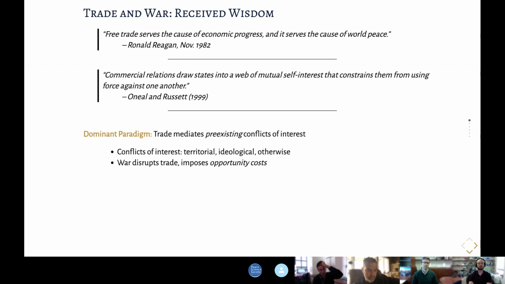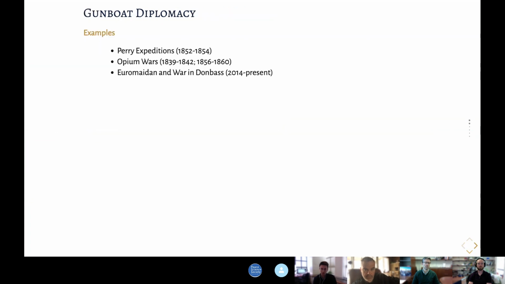And while I put O'Neill and Russett up here as a canonical example of this, and while a lot of scholars have taken issue with the way that they link premise to conclusion, the logic of the argument, I think they generally adopt this paradigm of thinking of trade as mediating in these pre-existing conflicts of interest. And what we see in the Perry expeditions is that countries are more than willing to contemplate war to pursue economic objectives.